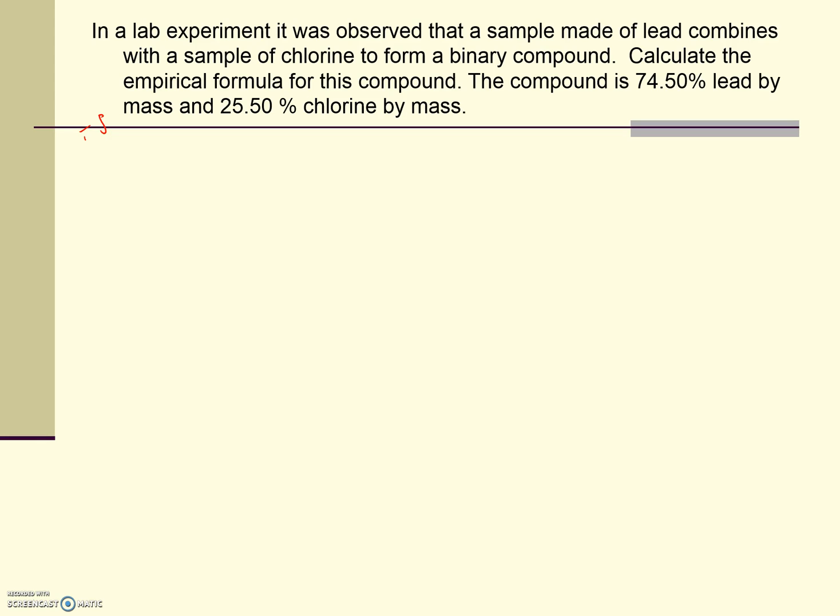We're given the percentages, but let's always assume that we have 100 grams of the substance. Well, now that's telling me that I have 74.50 grams of lead, and I have 25.50 grams of chlorine.